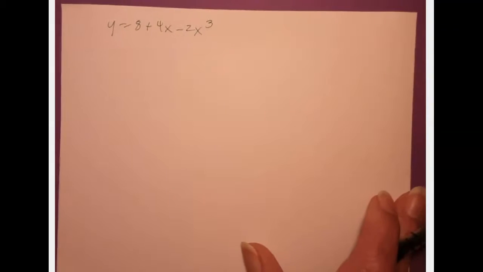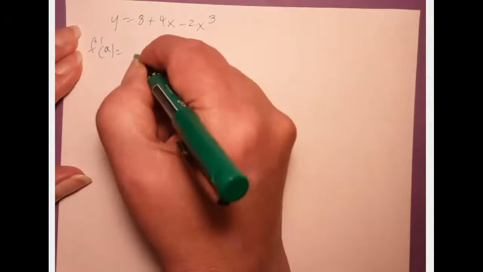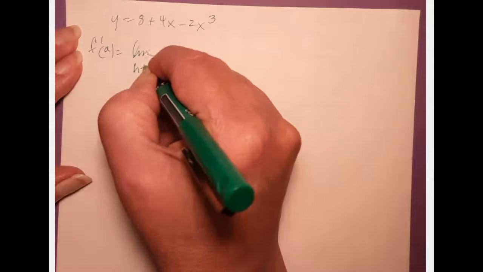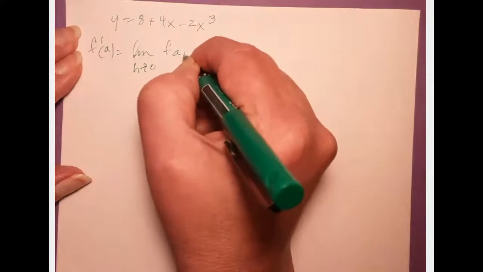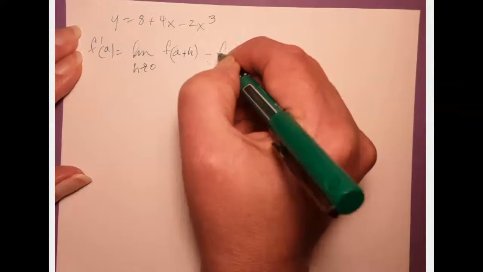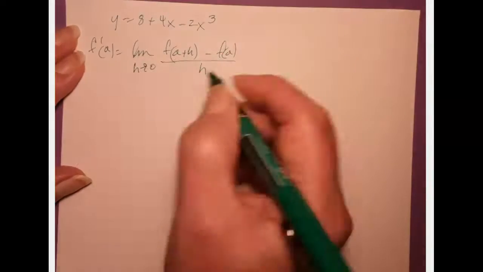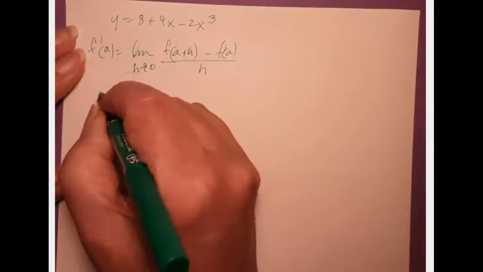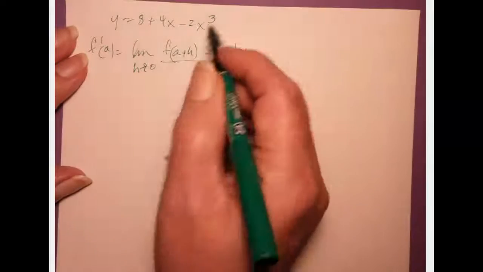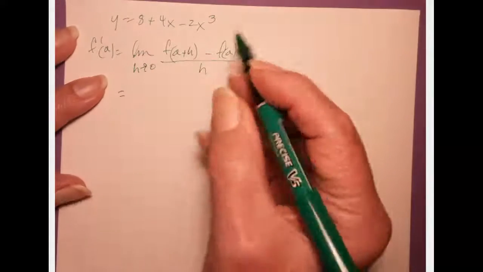So what f prime of a is equal to the limit as h goes to 0 of f of a plus h minus f of a over h. So I'm going to do this for a few days here. So this is still f prime of a because they didn't give me a point, so I'll just keep writing.